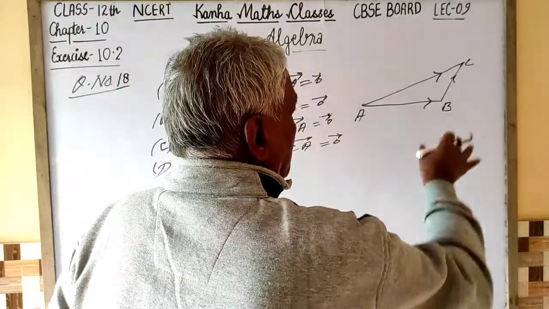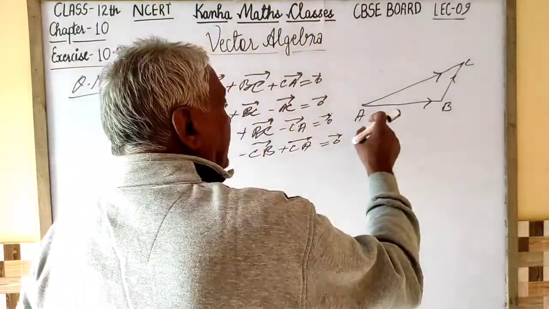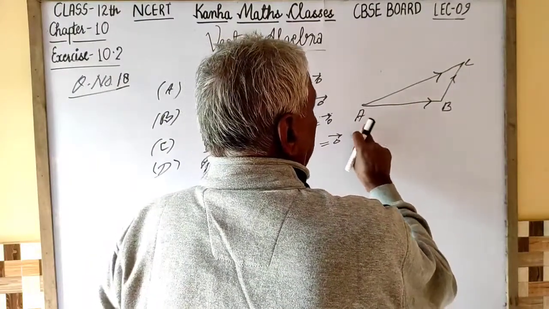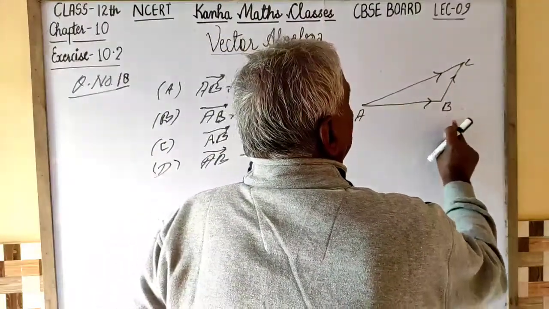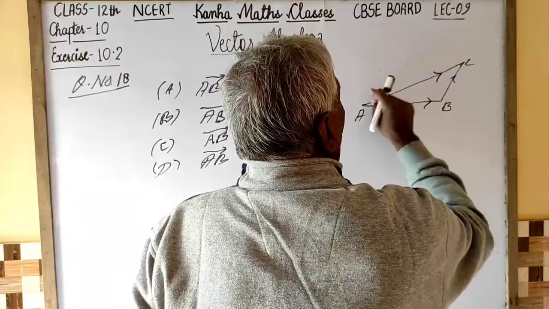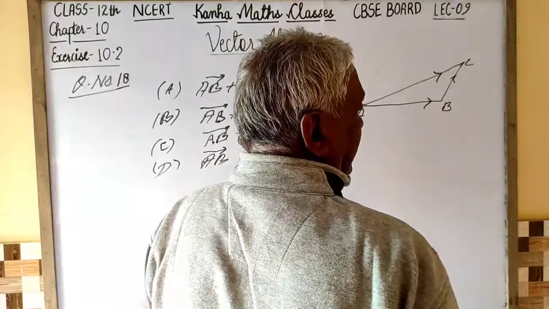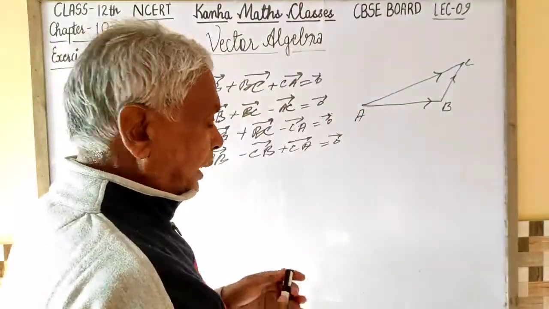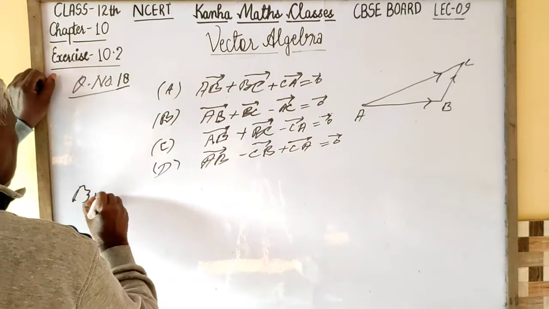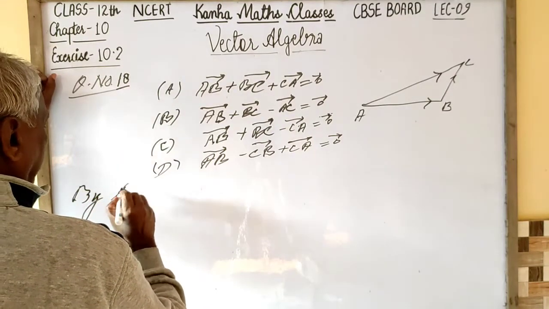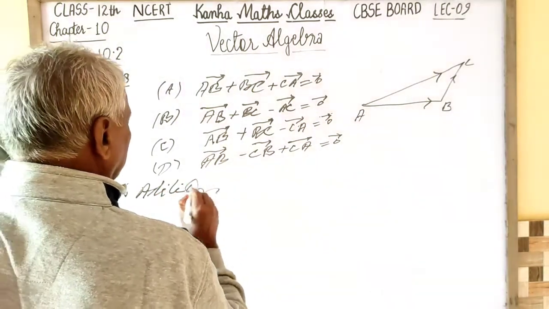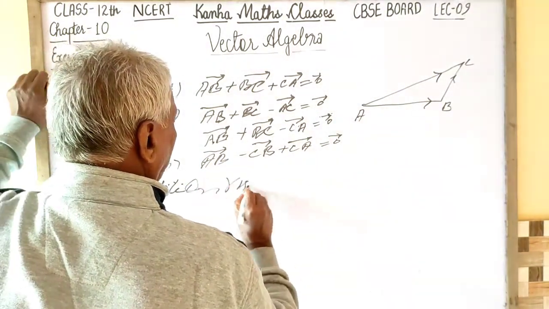In order to find the addition of vectors, in triangle ABC you must observe that vector AB plus BC in the same direction will be equal to vector AC by the triangle addition rule.